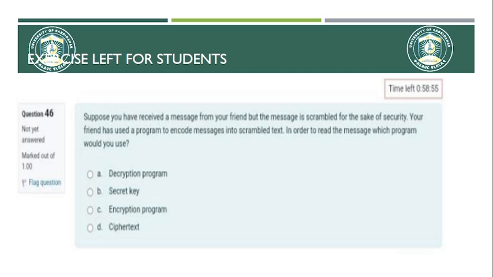It is not plain. So for the sake of security ብሎ ነው እንደዛ ያደረገው። Your friend has used a program to encode the message. He used a program to encode it, to scramble it, okay? Into scrambled text.